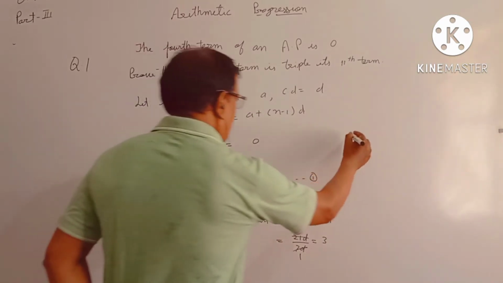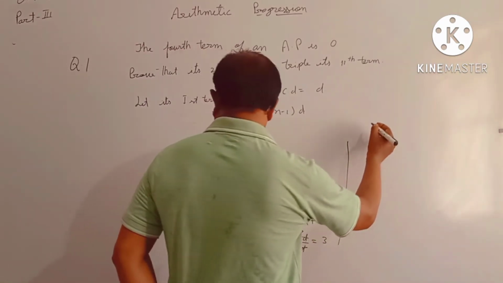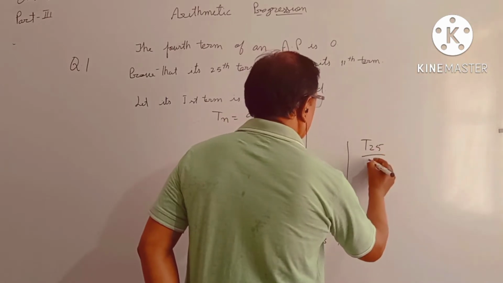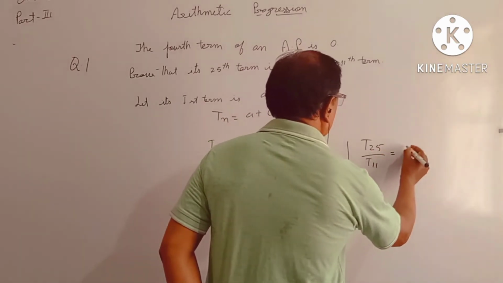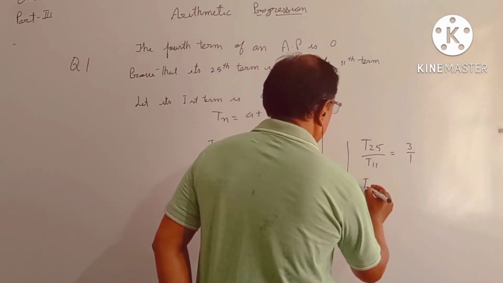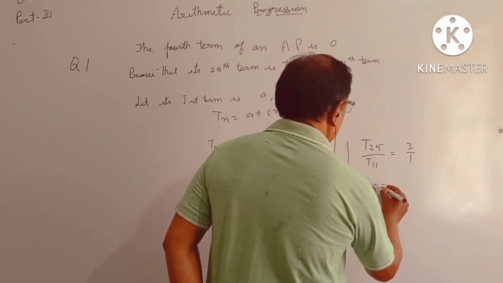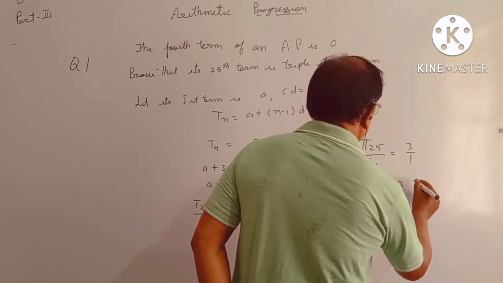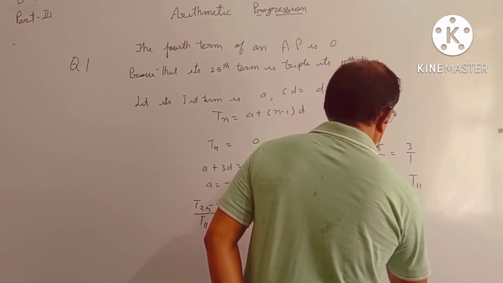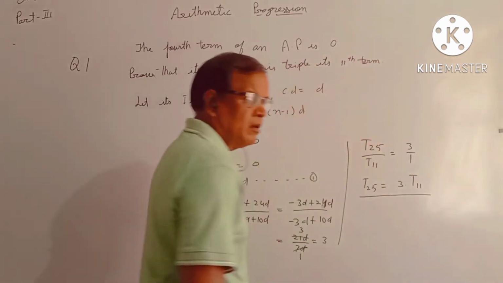So we can write T25 by T11 equals 3 by 1, or T25 equals 3 times T11. Thus we have proved it.